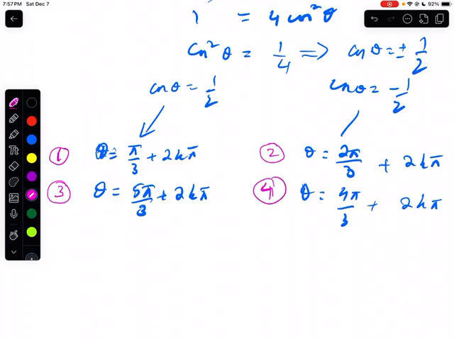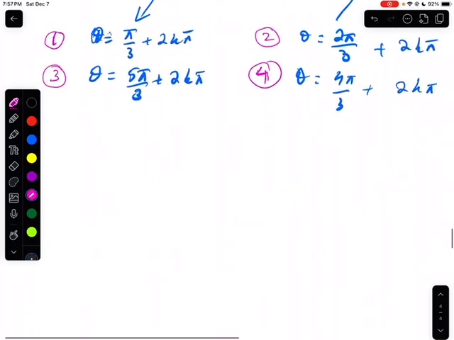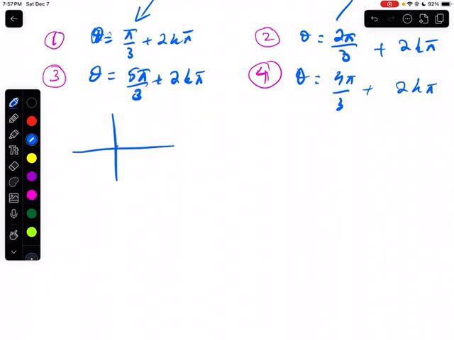So notice here the 1 is giving me the angle in the first quadrant, pi over 3. So this angle is pi over 3.